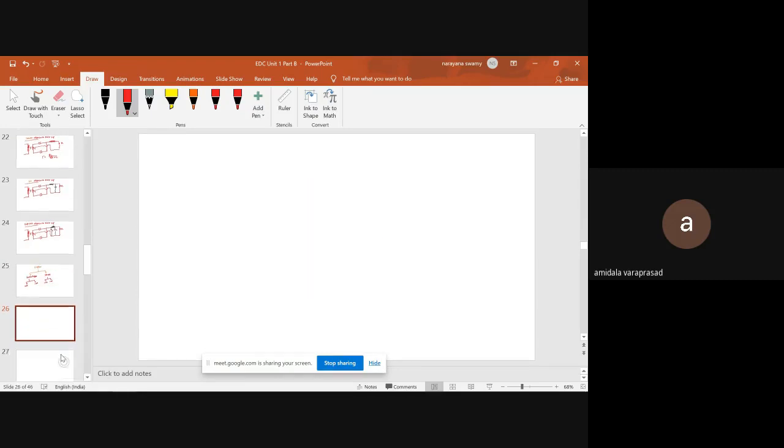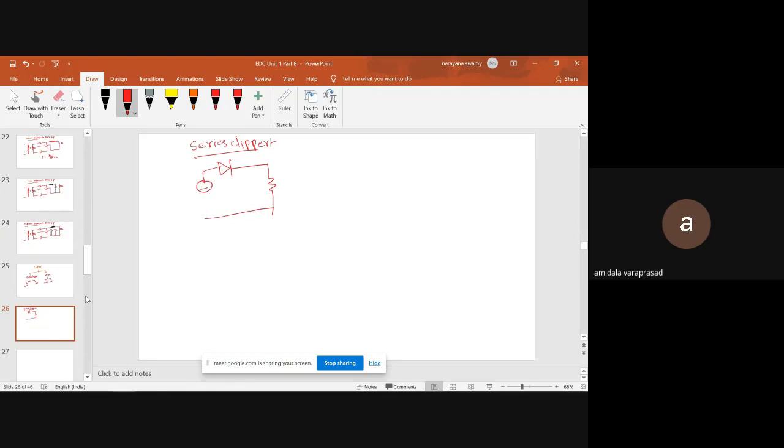Now, first series clipper we will see. What is the series? Now the diode is connected in series to the resistance. That's why it is called series clipper.